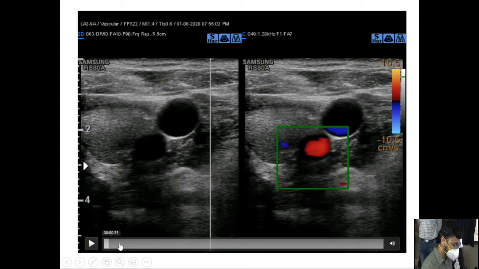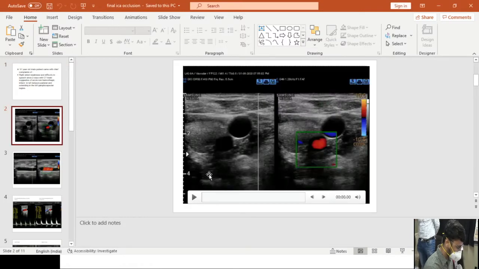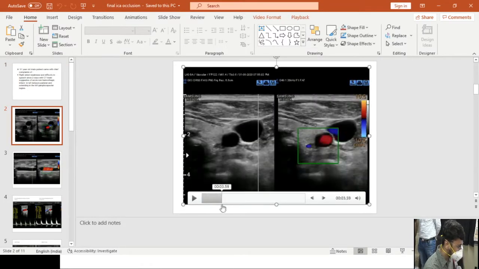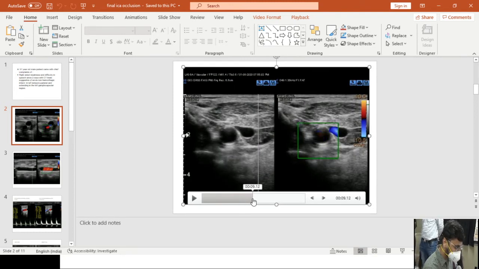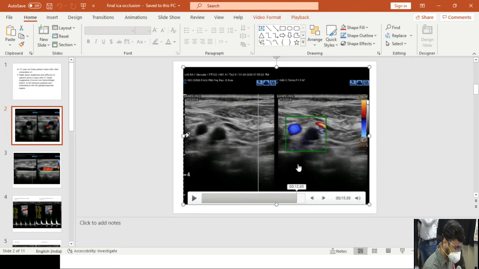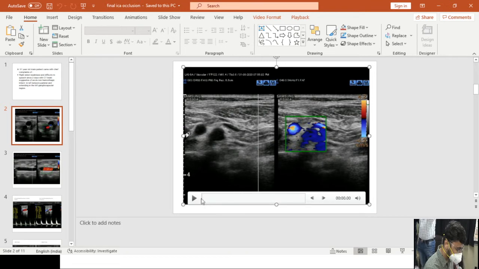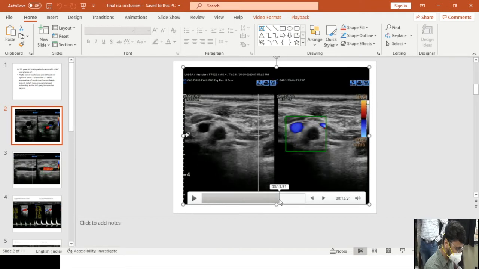So this is the B mode transverse view of the common carotid artery, in which the common carotid artery shows normal color filling, and after the bifurcation, the external carotid artery showed normal color filling, while in the internal carotid artery there was echogenic material noted, which did not show color filling.